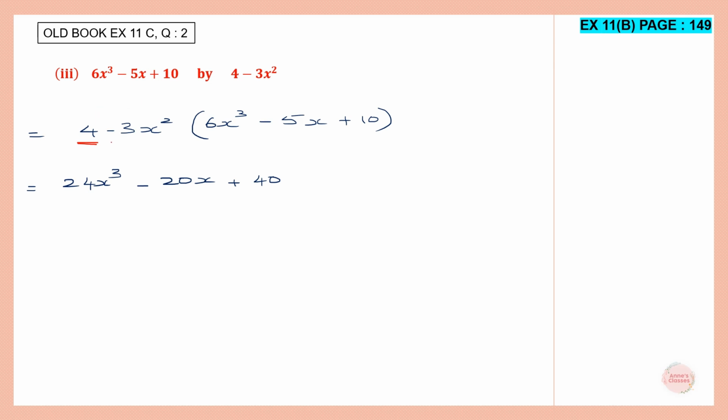Now let's take the second term, minus 3x square into the first term, that is 6x cubed. Let's do that here. Minus 3x square into 6x cubed. So minus into plus is minus. 3 6s are 18. X to the power of 2 into x to the power of 3 will be x to the power of 2 plus 3, which is 5. So it's minus 18 x to the power of 5.